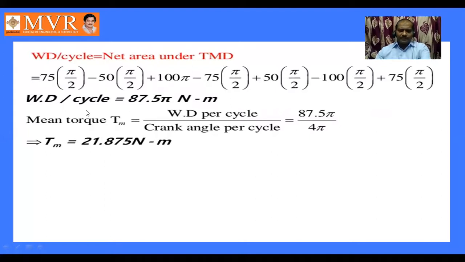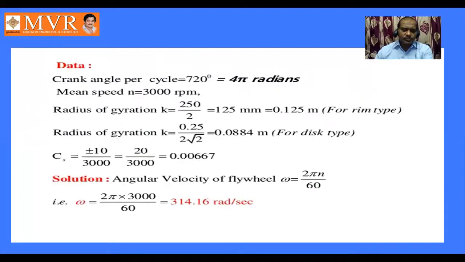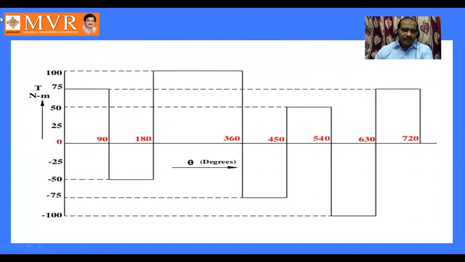First energy, if you observe, the energy is given as, try to remember students, they have given first 75, 90 degrees. Another is minus 50. And once again it is plus 100, minus 75, minus 50, minus 100, and this is minus 75.